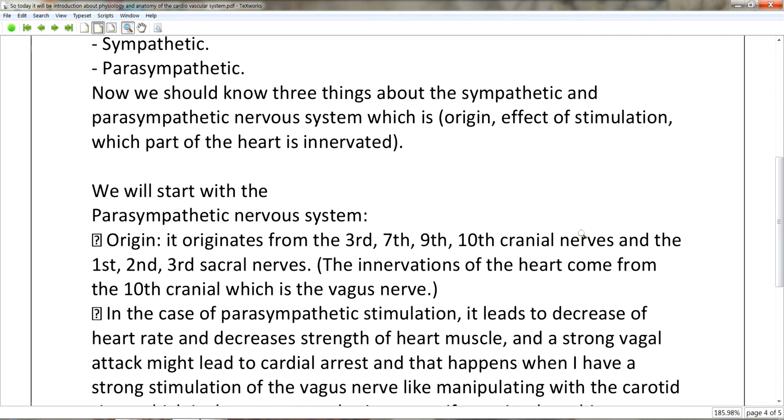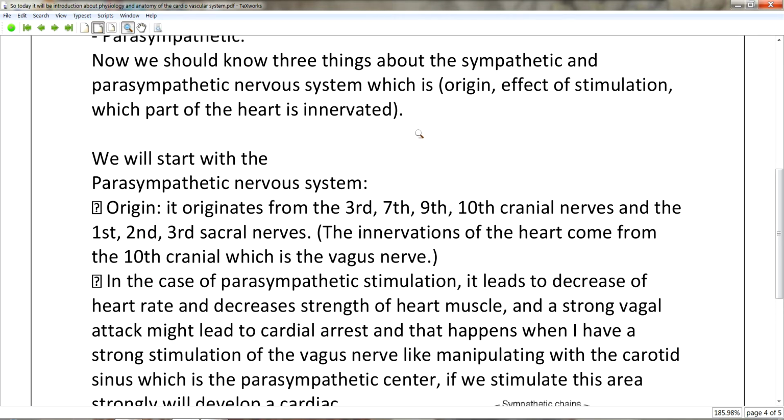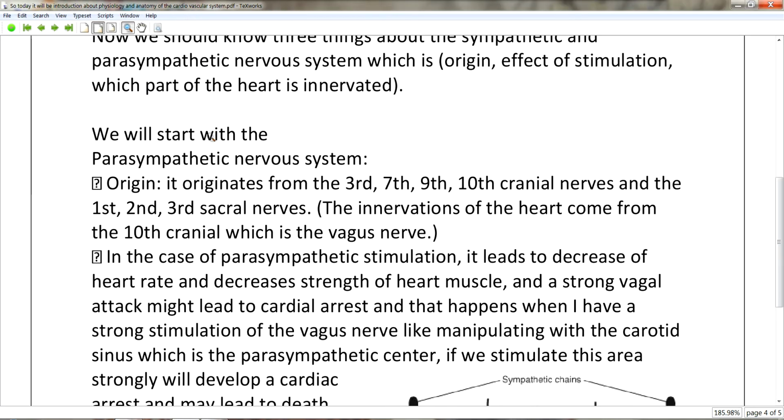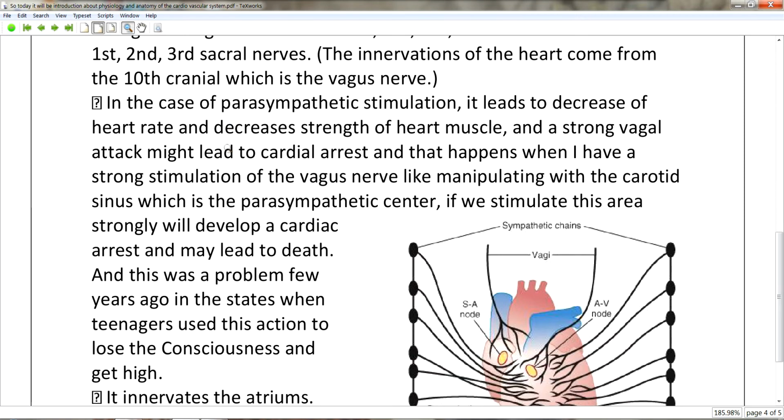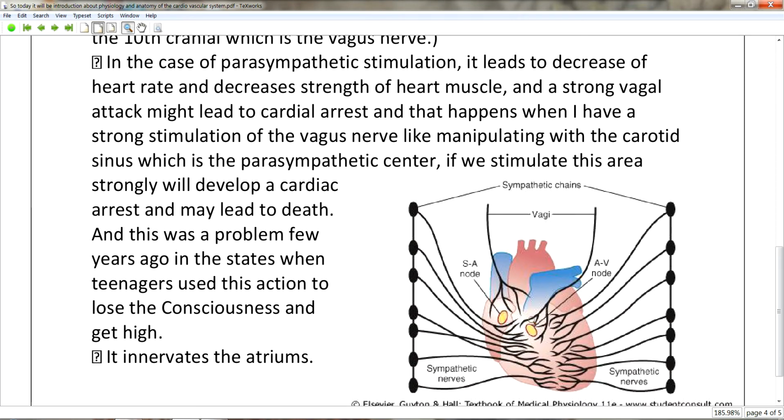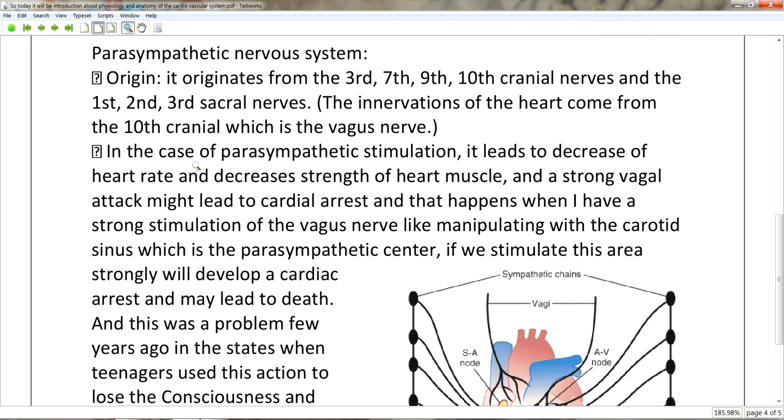If we talk about it, we must know the origin and the effect of stimulation. We know the origin, and we know that the parasympathetic is in the rest state. We must also know the part of the heart that is innervated: the SA node and the AV node. In the case of parasympathetic, it leads to decreased heart rate and decreased strength of the heart muscle, and a strong vagal attack might lead to cardiac arrest and death.